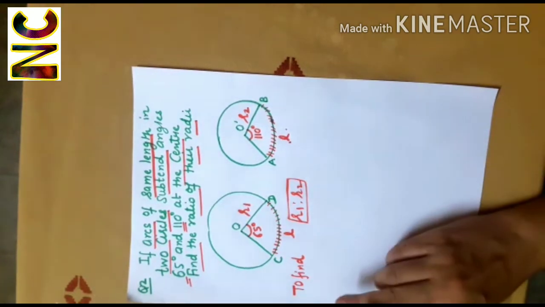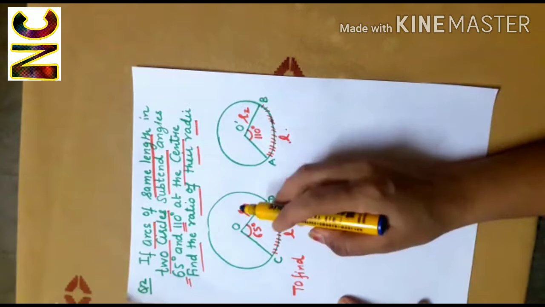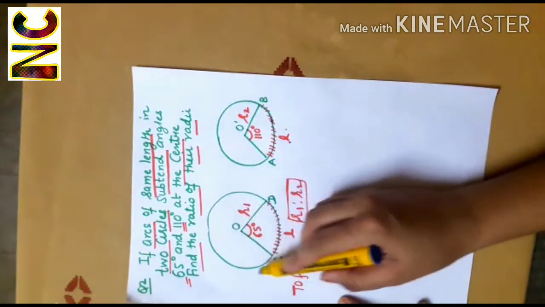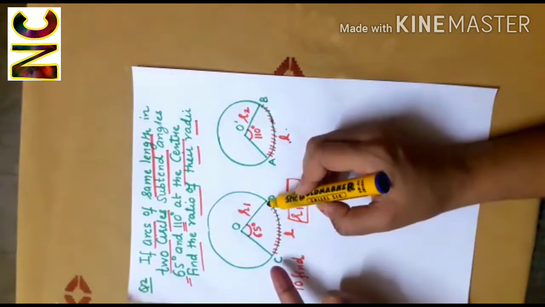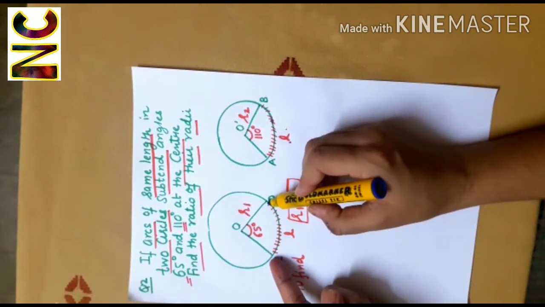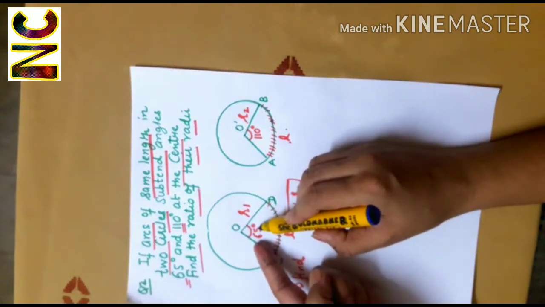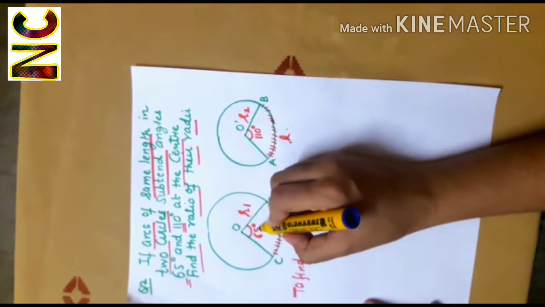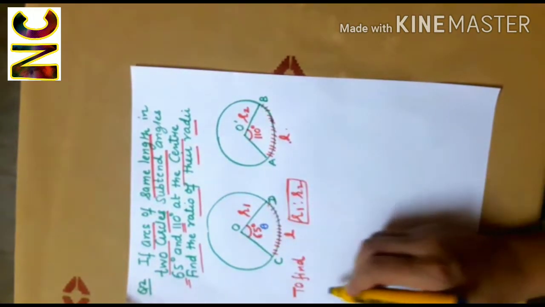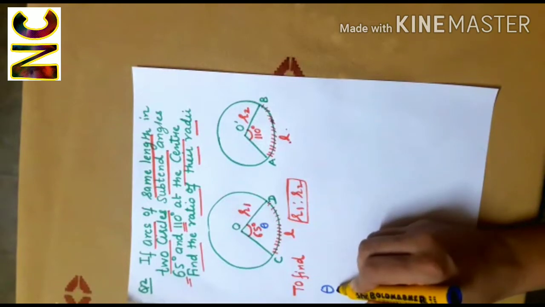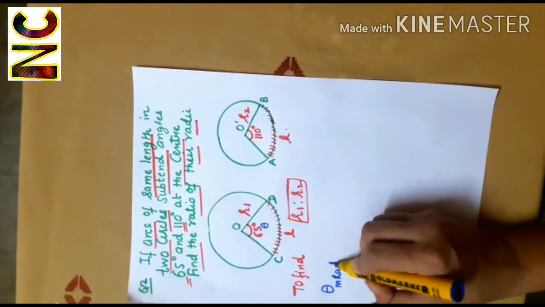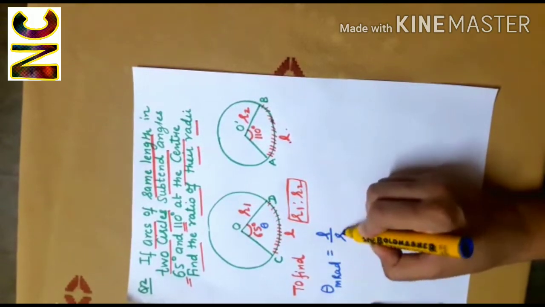Now look here. First consider this circle. The angle subtended by this arc at the center is 65 degrees. This is theta. We know that theta in radian is equal to L by R.